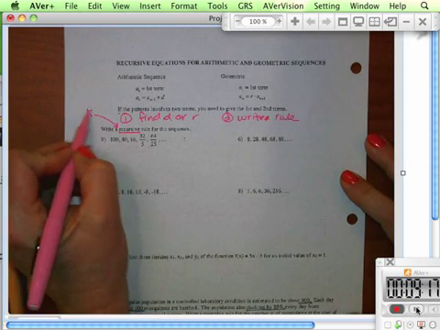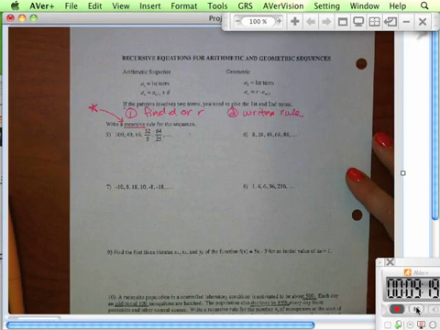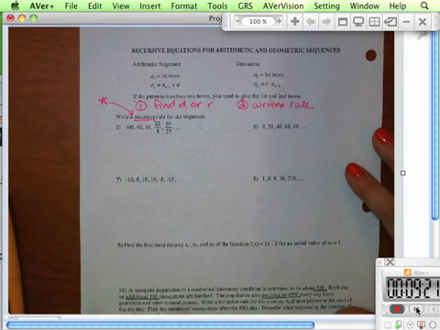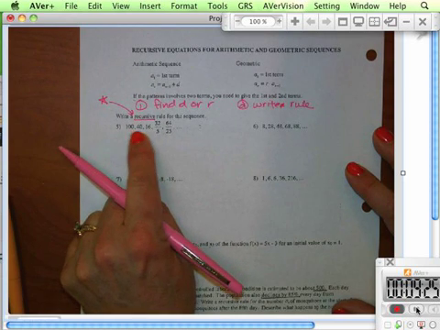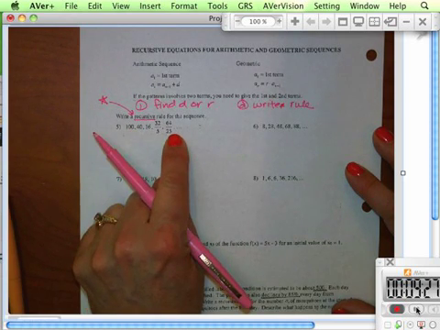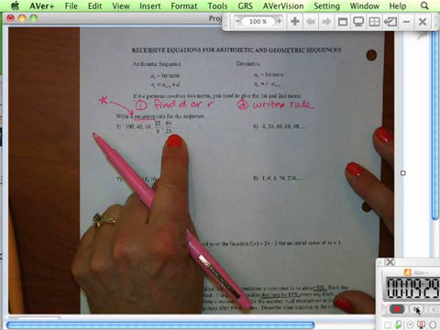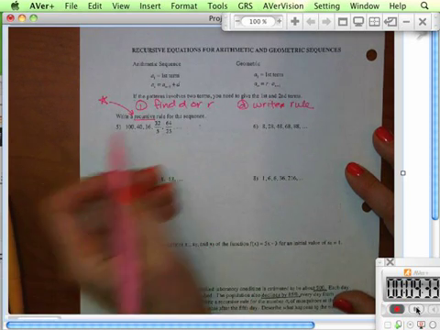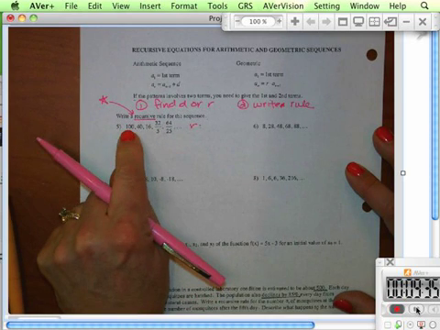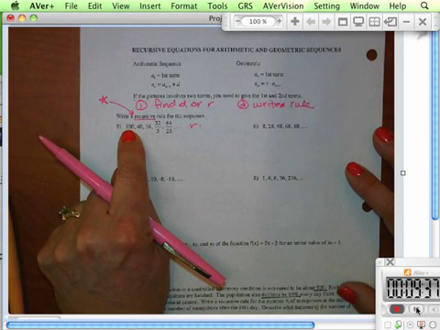All right, so first of all, we have this series right here. Let's decide whether it's arithmetic or geometric. Can you add or subtract anything to get to the next term? No. So probably it's geometric, right? So what is the ratio? If I do 40 divided by 100, I get 4 over 10, which reduces to what?